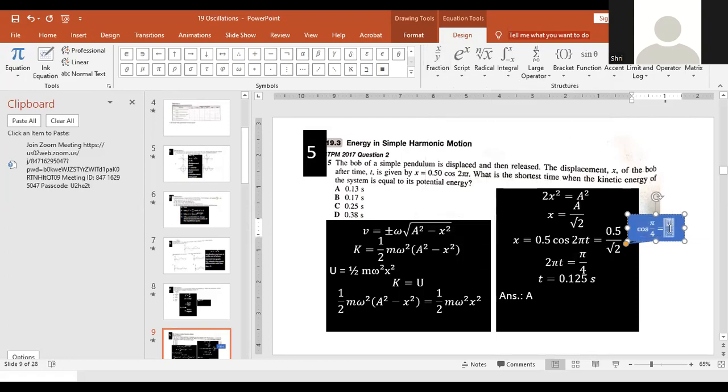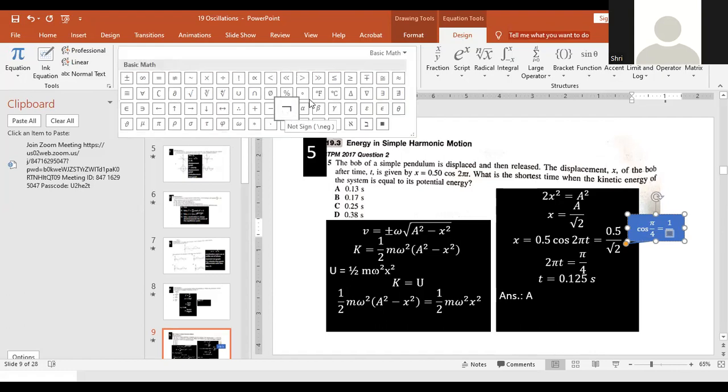Right? That one you must know. You know, use your calculator to calculate all.